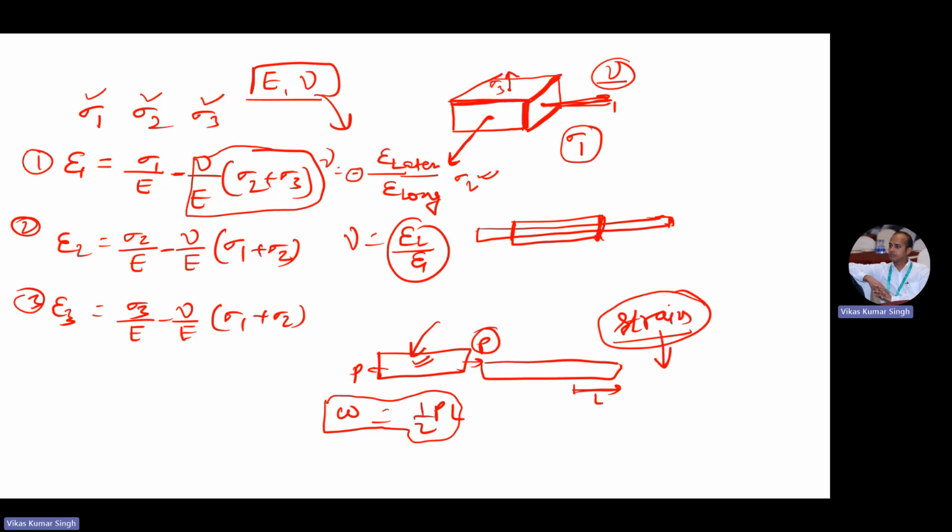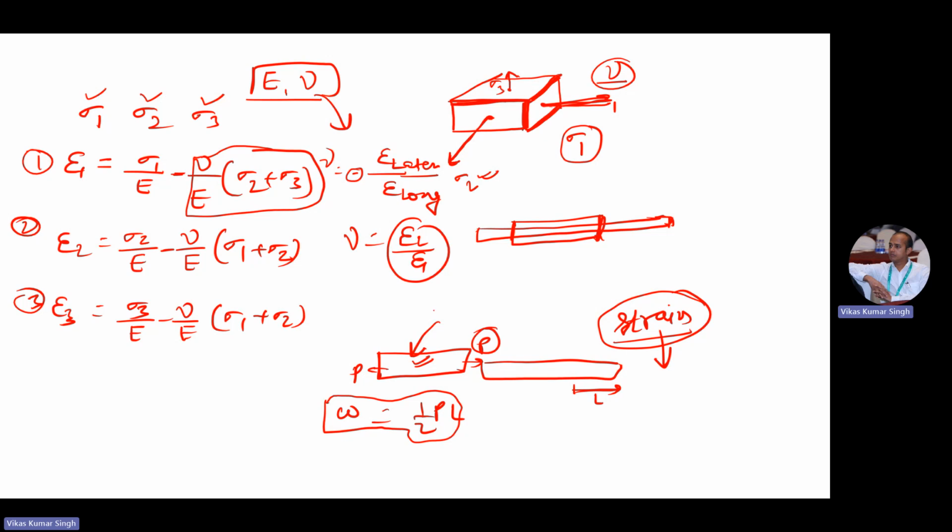Now the concept is, when we are putting in some energy, what is the maximum amount of energy that can be applied safely so that the material will not deform?